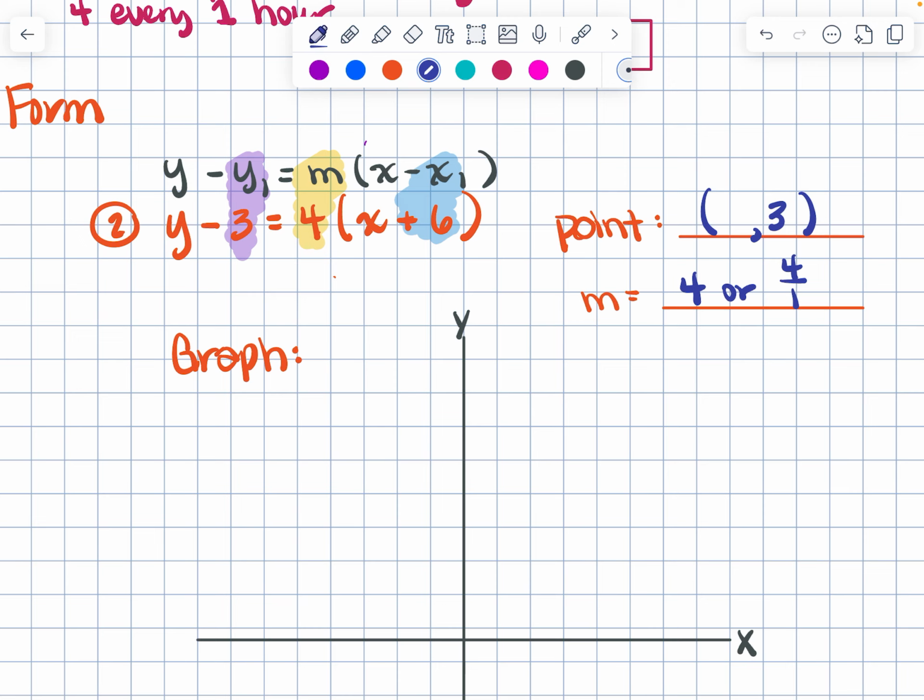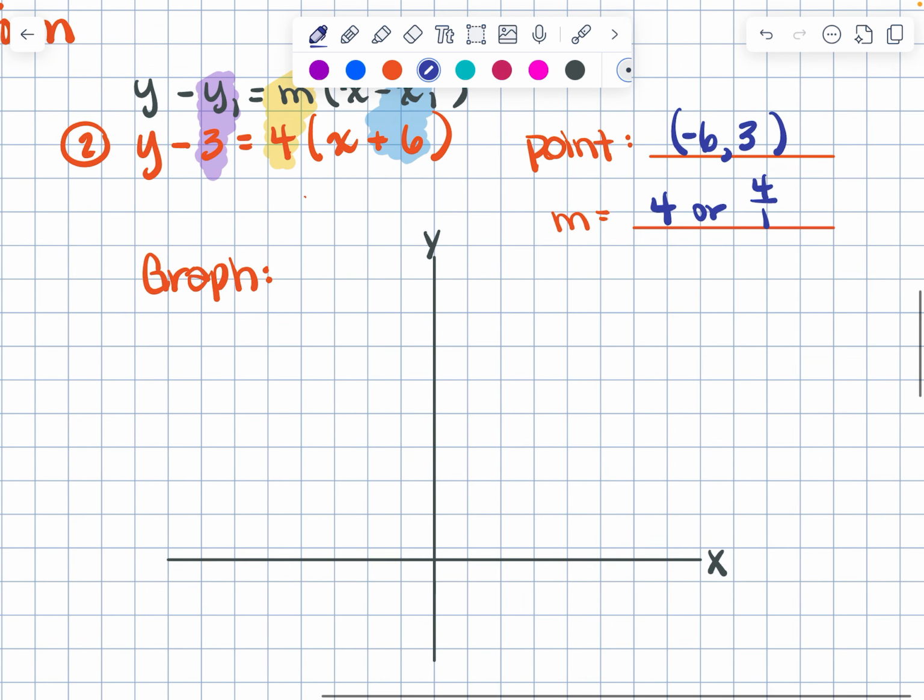And remember, we just had this conversation. The only way that can happen is if we plugged a negative 6 in behind the minus sign in the formula, right? That's the only way we're getting that plus sign. So that's the point that lies on the line. And now that we have those two pieces of information, we can totally graph what this line looks like, right? I know it has to pass through the point -6, 3.